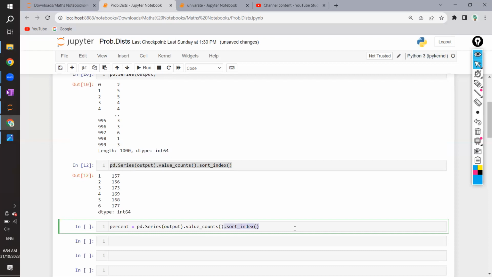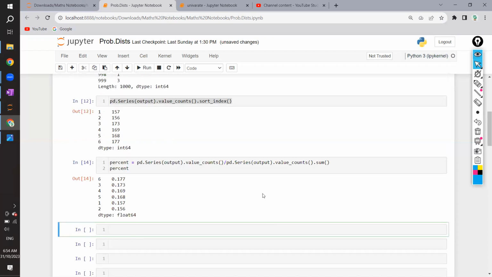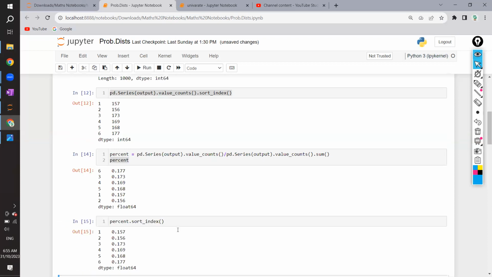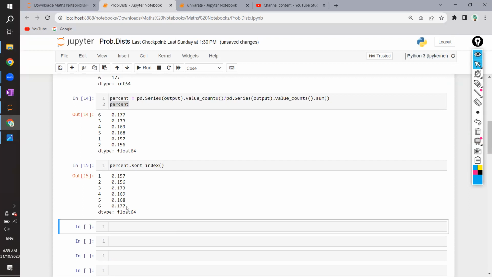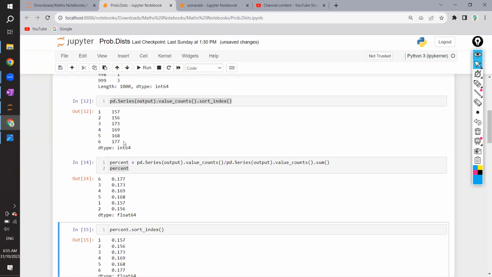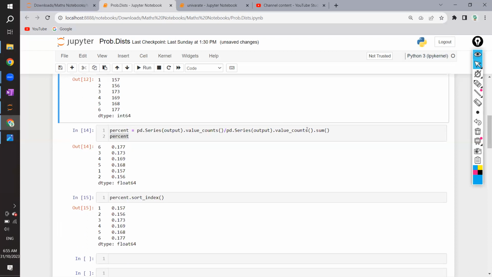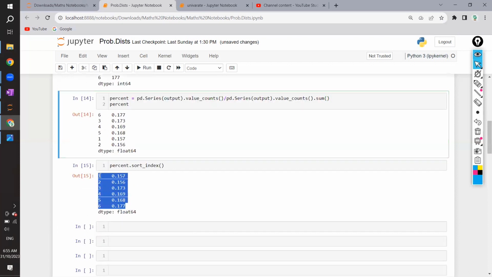See, when I'm sorting the percentages, this is the percentage of each and every outcome. These are the actual values, guys. When you divide by the total sum, you will get the probability. You can call it probability.